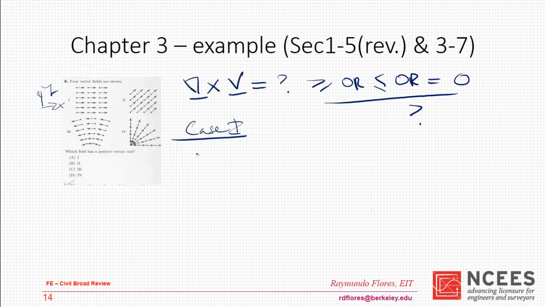So if you take partials, then it's probably going to be 0 because it's not changing at any given point. Same thing with case 2, because the length also looks the same. The length is all going this way, and because they're all going in the same direction, it's not changing.